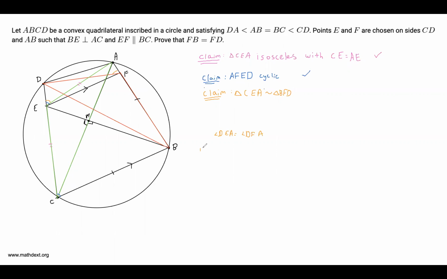So 180 minus the first one is equal to 180 minus the second one. But 180 minus angle DEA is equal to angle AEC, so angle CEA.